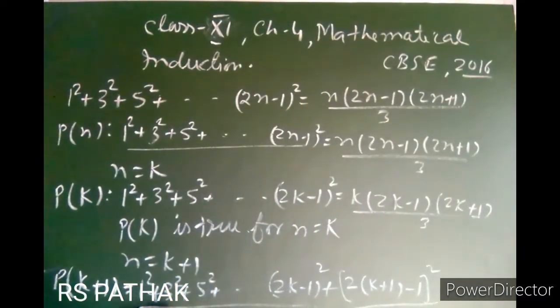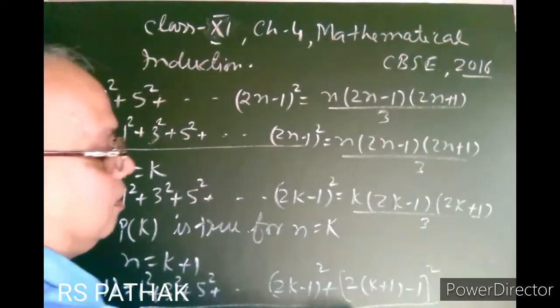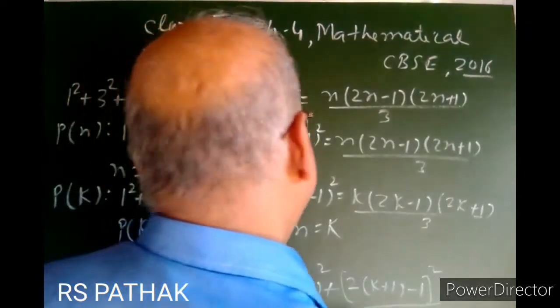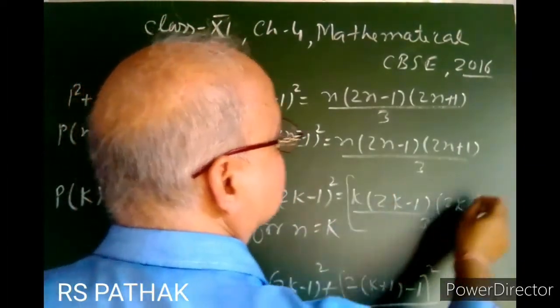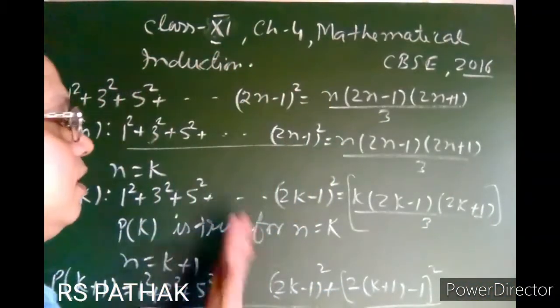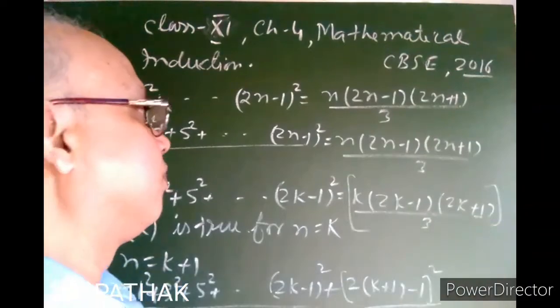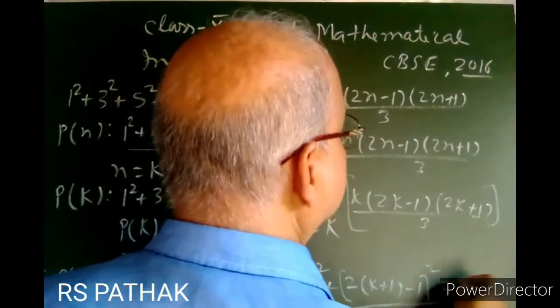Up to here is the kth term, and this is the extra (k plus 1) term. From the kth term the sum is this, and then the next (k plus 1) term will be added.